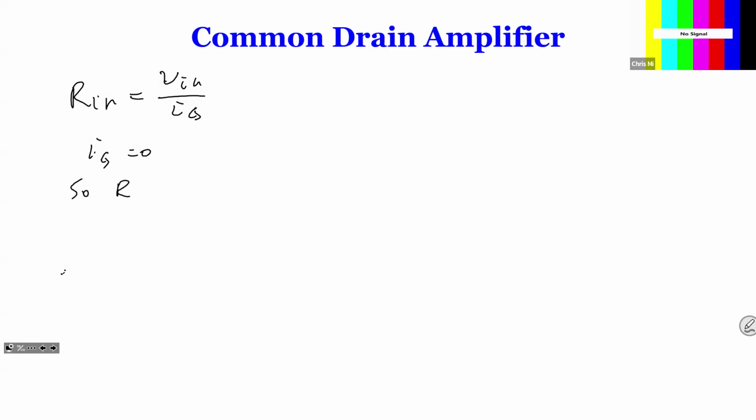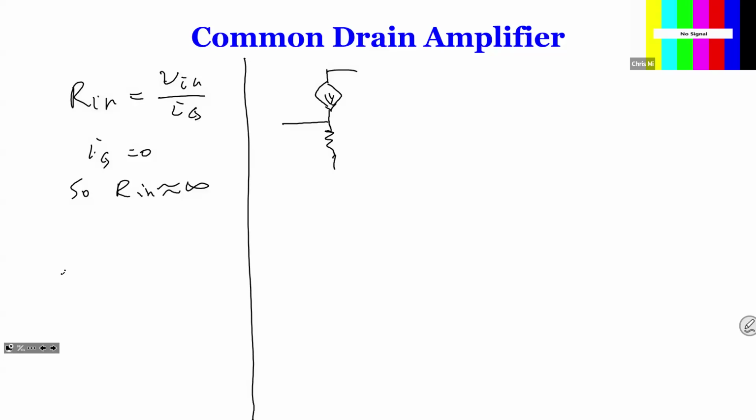So RG is infinity. So that one is simple. But for output resistance, it takes a little bit of effort. Let's redraw the circuit so you guys can get a better understanding. But we have to short this one. For output resistance, we're going to short it. We're going to short this one as well.